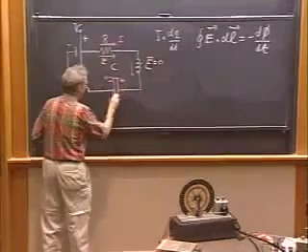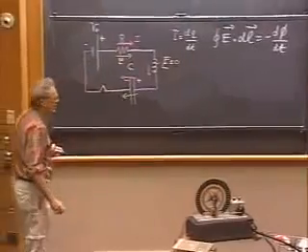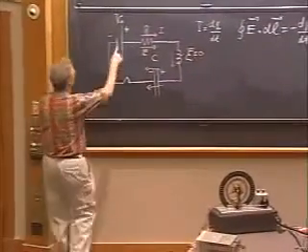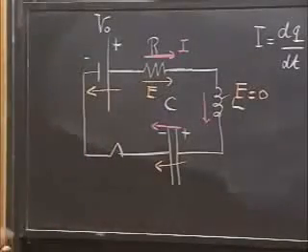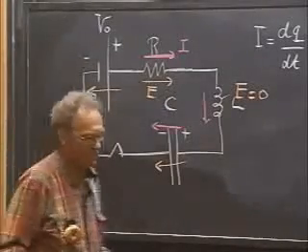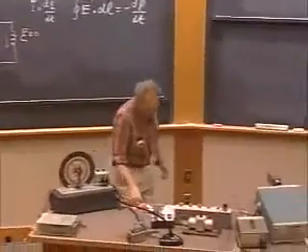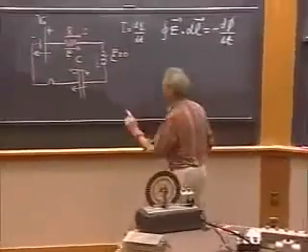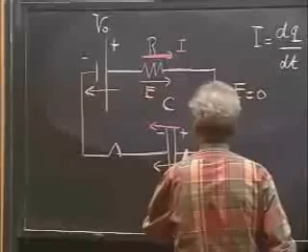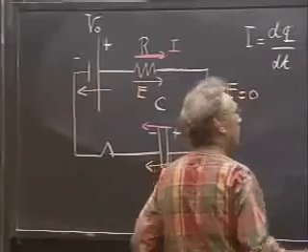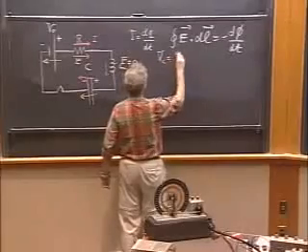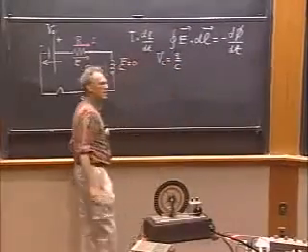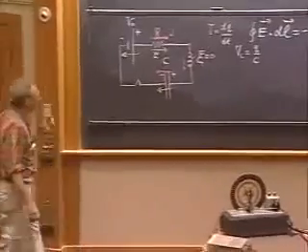This is plus and this is minus, so the electric field is in this direction. This is plus and this is minus, and so the electric field is opposing me if I go around clockwise. So if now I go around clockwise, and I call the integral E dot dl from this side to this side of the capacitor V of C, which is Q divided by C. That's the definition of capacitor.